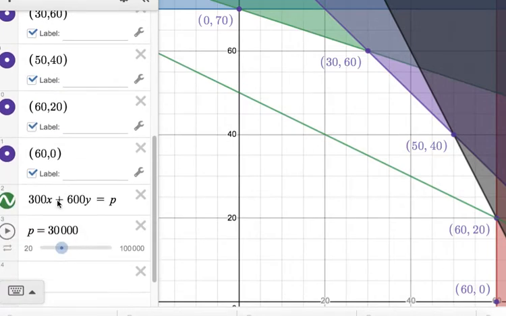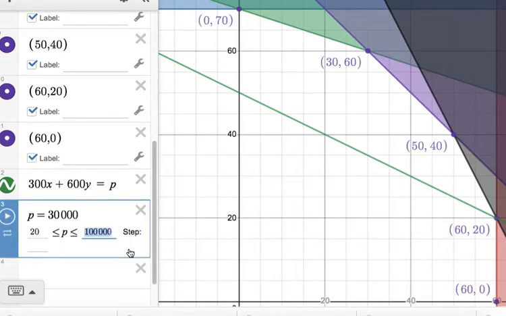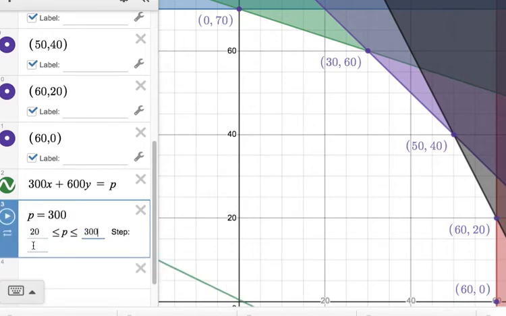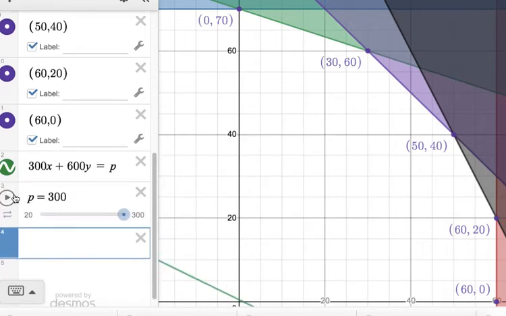And then the profit equation is this one here. 300x plus 600y is your profit. So by changing these numbers here, if I had to go up to 100,000 to get that, when I only put the number as, say, 300, and then I move my p-value, the line hardly moves at all.